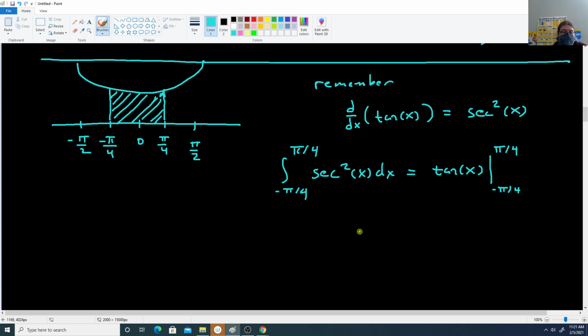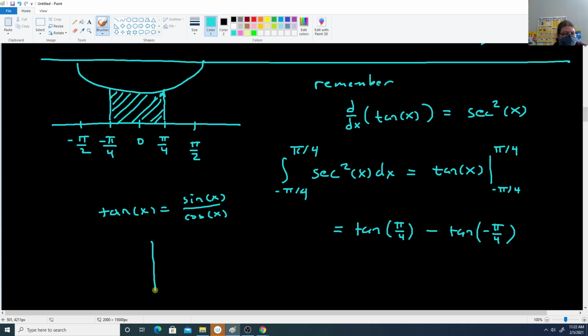So what we need to do now is calculate tangent of pi over 4, and subtract from it tangent of negative pi over 4. Tangent of pi over 4, if you remember, tangent of x is sine of x over cosine of x.